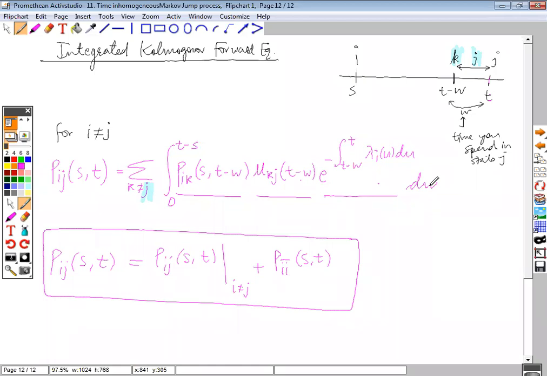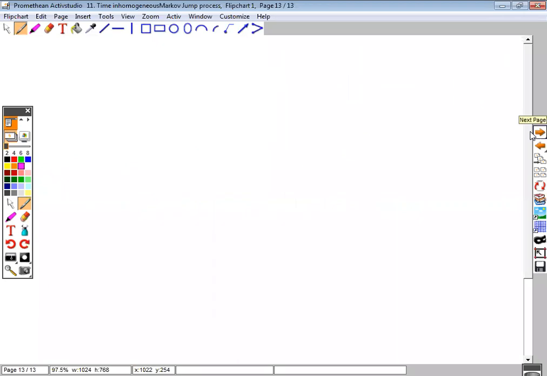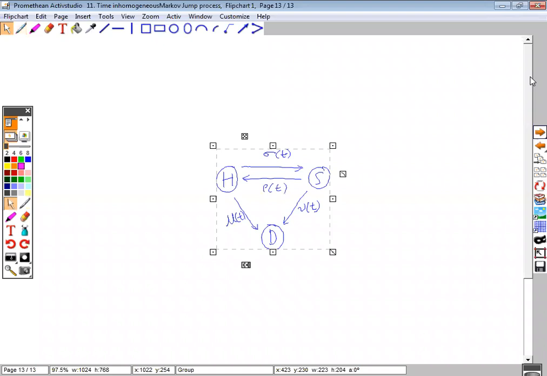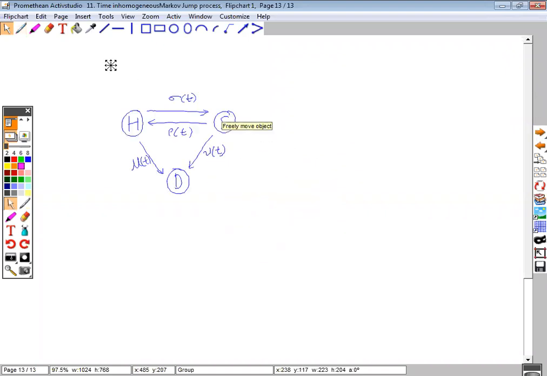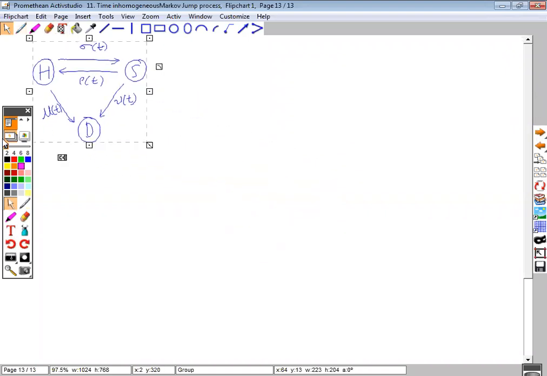Okay, so now let us try to write these integrated forms of Kolmogorov equations for the same model that we studied. So let me just paste it here. Maybe even before we write the integrated forms, let us try to write the residual probabilities.